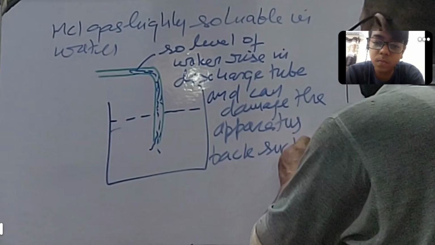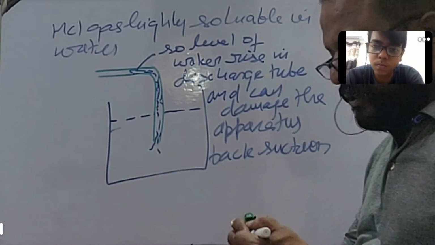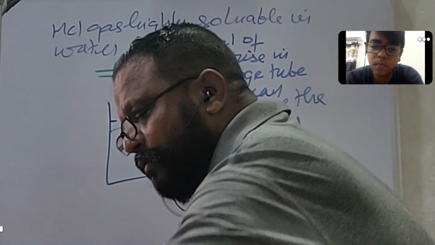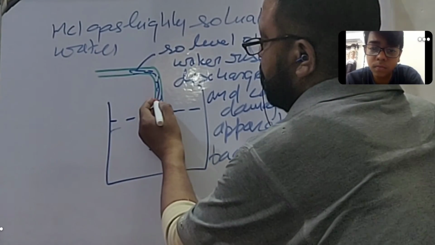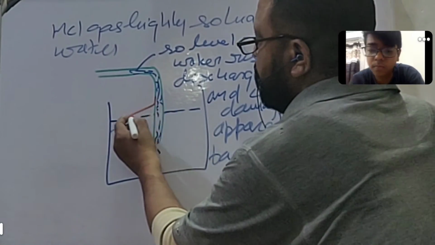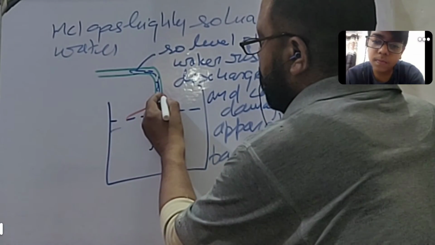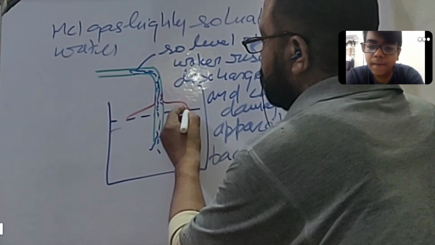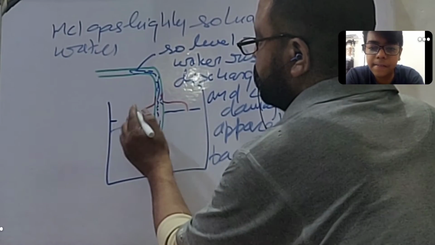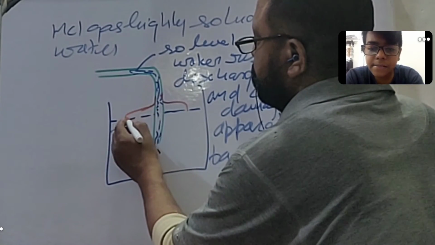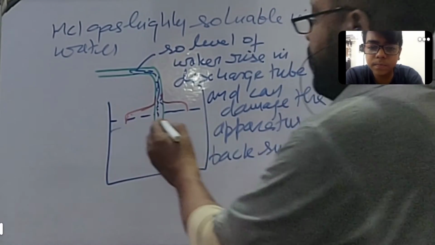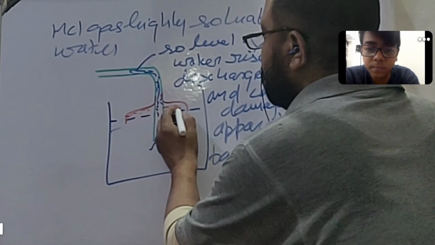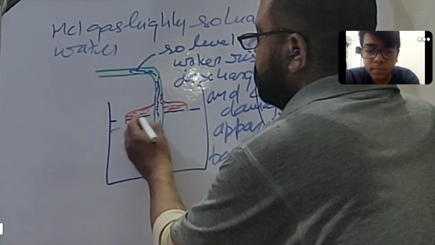To prevent this, what we do, we increase the surface area at this point. So the water level rises only up to here, it does not rise in the discharge tube.